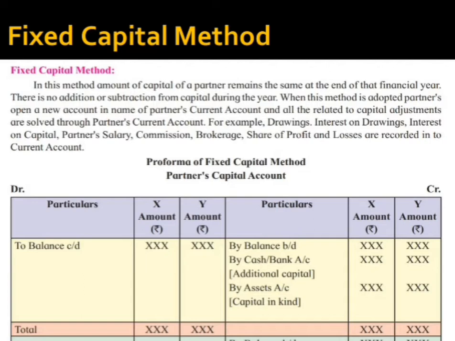It means when a partner brings additional capital, we pass the entry: cash or bank account debit to that partner's capital account. And if a partner brings any assets into the partnership firm, then assets account debit to partner's capital account.